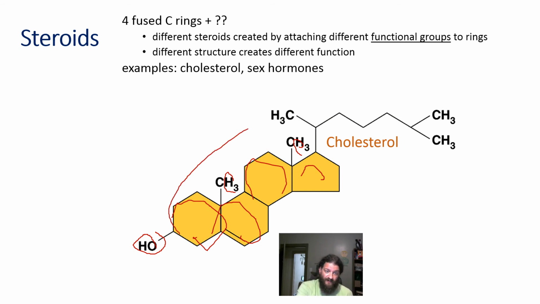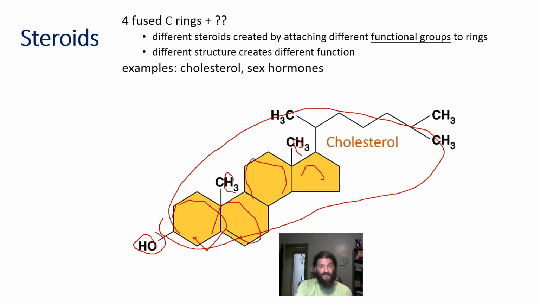Well, this whole region down here being all hydrocarbon is, in this case, all hydrocarbon, but in most of them it's going to be largely hydrocarbon in nature, and therefore nonpolar and lipophilic, hydrophobic. But this end down here with the hydroxyl group, that's very polar and likes to get into the water. And so I have this amphipathic compound that has the hydrophilic part and it has the hydrophobic part.